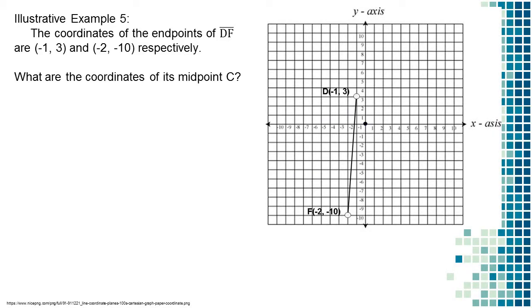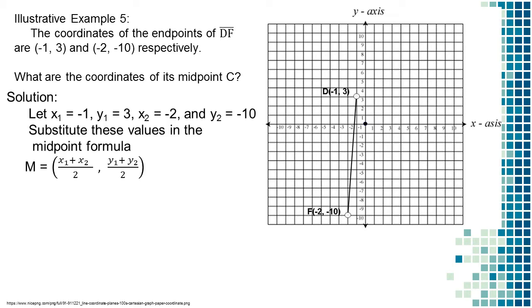Example number 2. The coordinates of the endpoints of a line segment DF are (negative 1, 3) and (negative 2, negative 10). So solution, first identify which is the x sub 1 and x sub 2, y sub 1 and y sub 2. Substitute these values in the midpoint formula.